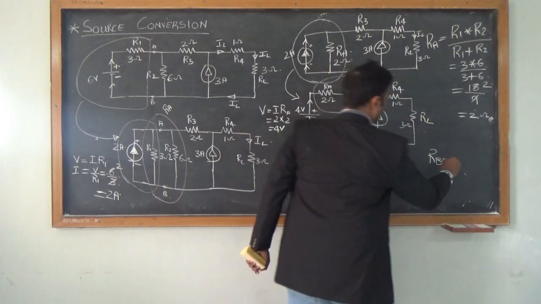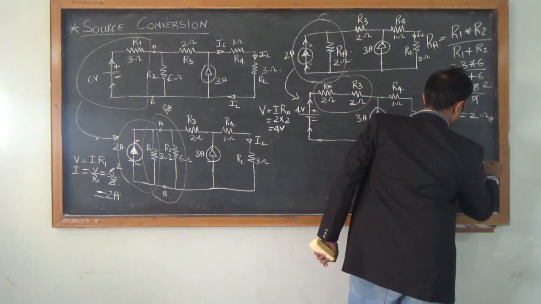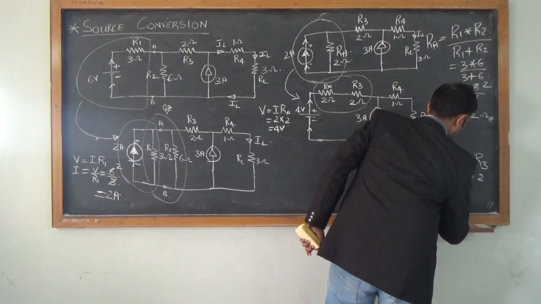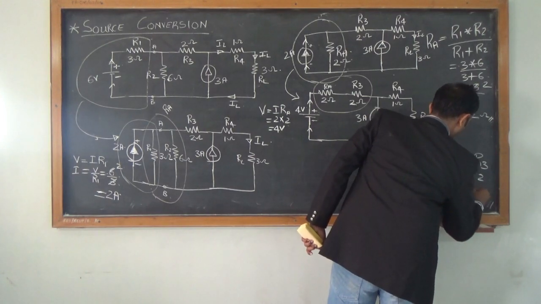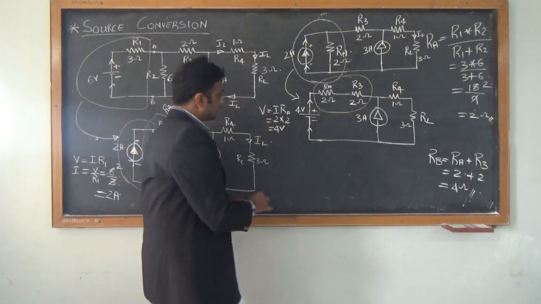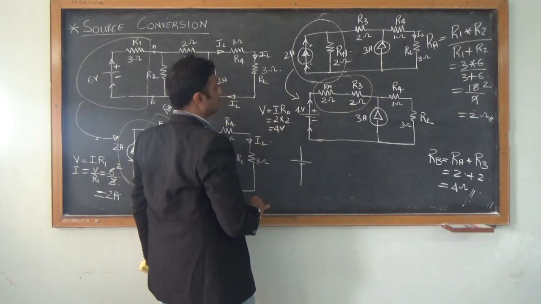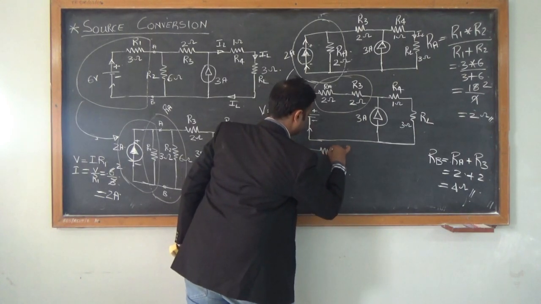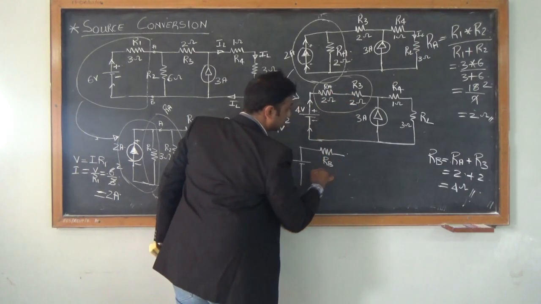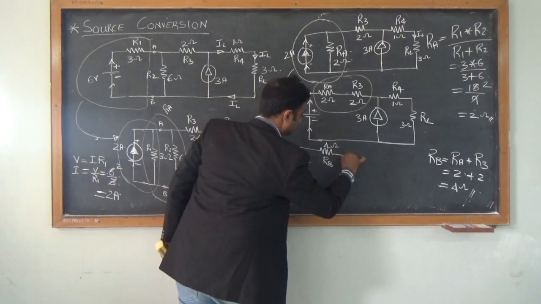Now RB will be equal to RA plus R3. RA is 2, R3 is 2, so I get 4 ohms. Now putting 4 ohms in my simplified diagram, this is converted into just one resistor, that is RB, which is equal to 4 ohms.